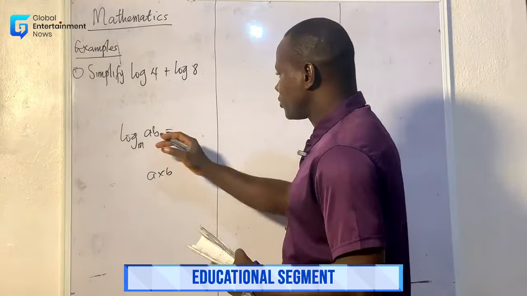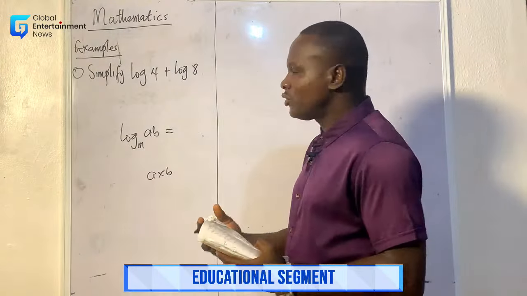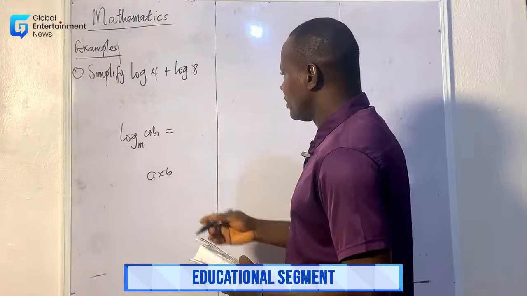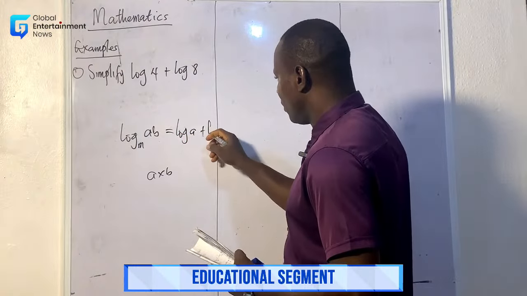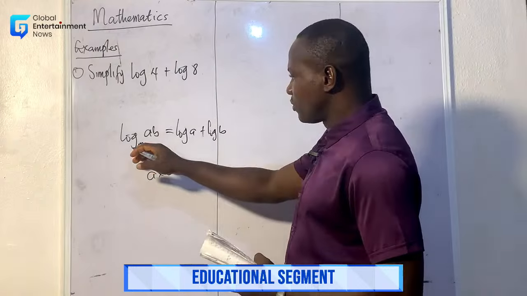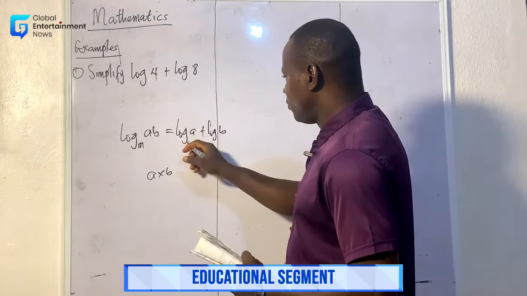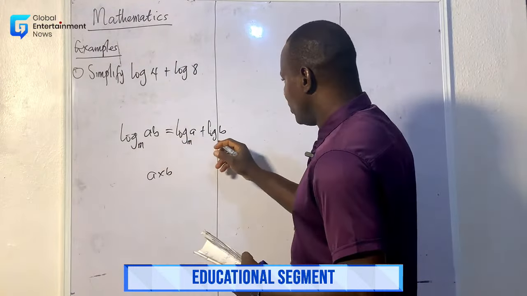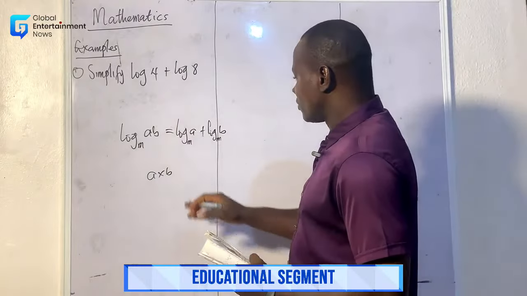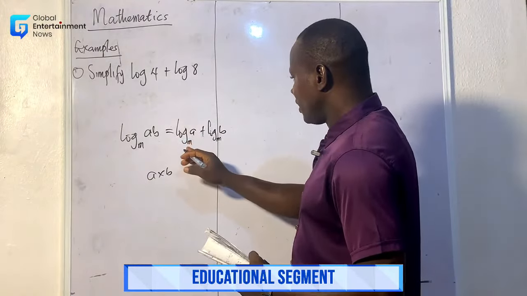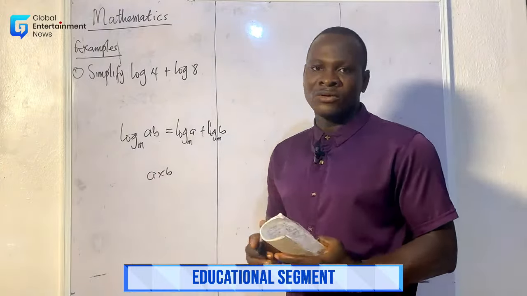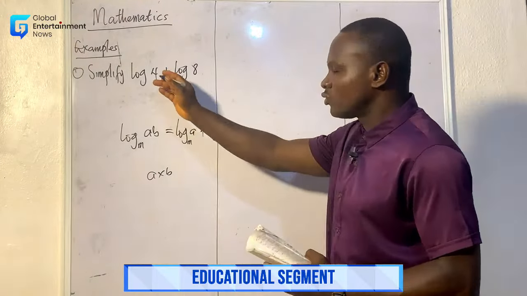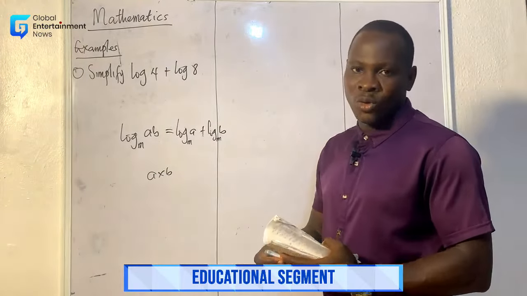So we are turning this to the addition form of logarithm, which will give us log A plus log B. And look at the base very well. The base will be shared between the two logs, giving us log A base M plus log B base M. That is what the law says, and we are going to use the law to solve this particular question.